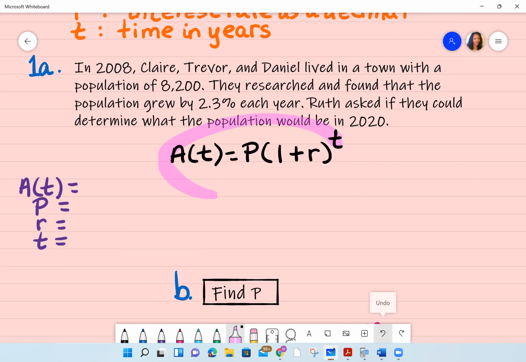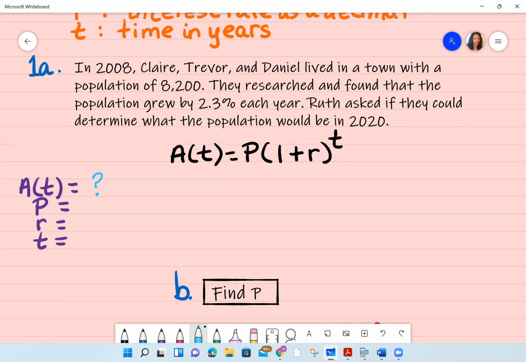The next thing I do is look at the question, or what I'm trying to determine. It's usually towards the end of your word problem. She wanted to know what the population would be in the future, so after time. That means we're looking for A of t, so that's where I'm going to put my question mark.